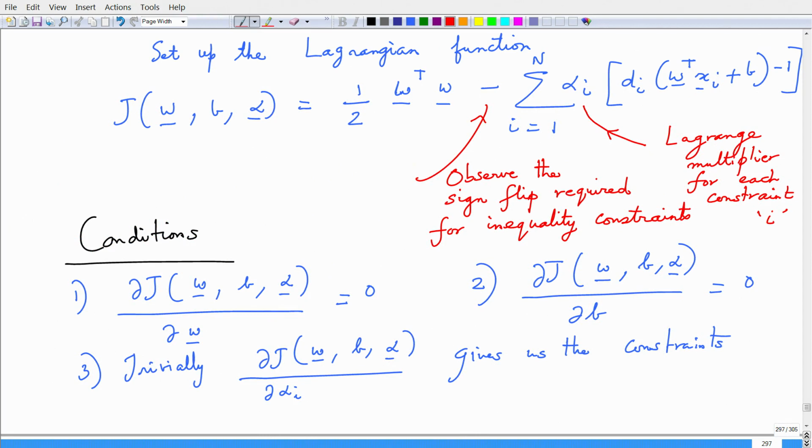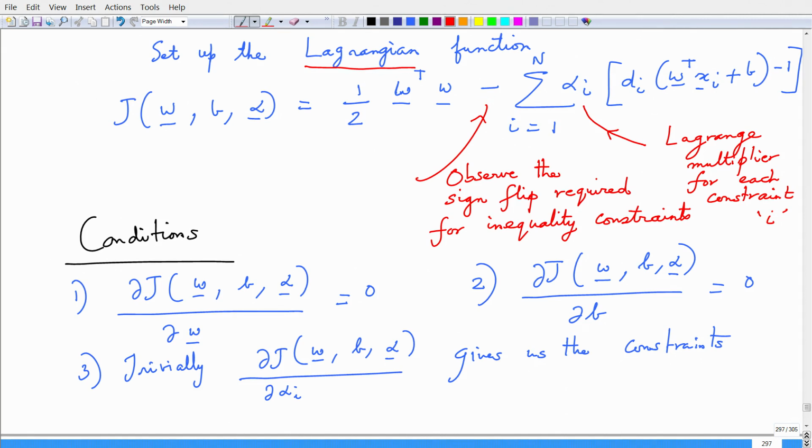Let us set up the Lagrangian. The overall cost J, or my Lagrangian, is given by 1/2 W transpose W minus, for every constraint, a Lagrange multiplier. Since they are inequality constraints, I have to stick a negative sign before the constraint, and we saw the reason when we looked into the basics of constrained optimization.